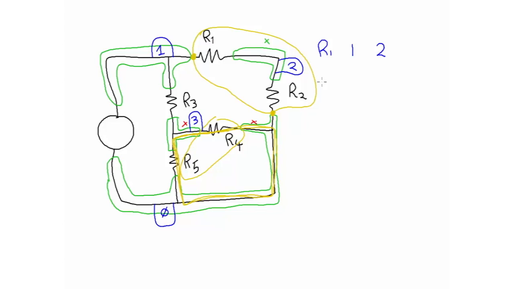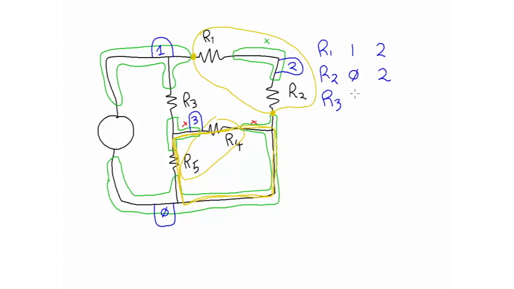And now R2 goes between node 0 down here and node 2 up there. So R2 connects between 0 and 2. I'm drawing my zeros like a computer does so we don't get confused with O's. It's not an issue here.